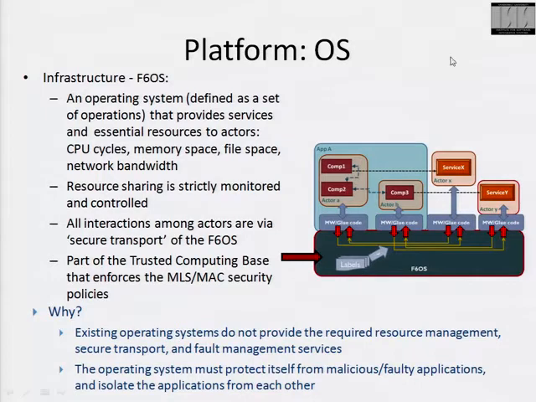So I'll go through this diagram in a little bit more detail. Applications are built from some number of actors, can be a single actor or multiple actors, and actors have some number of components that communicate through the middleware that's sitting on top of the OS. All the actors are assigned security labels at design time, and they're checked statically.